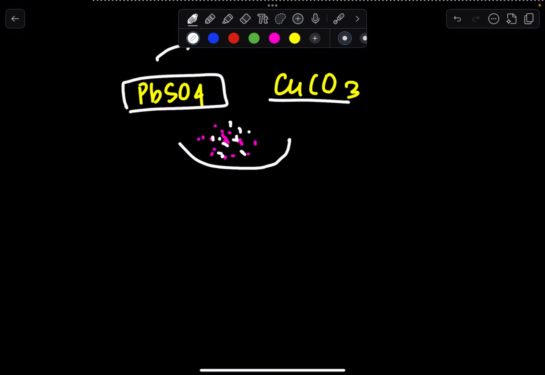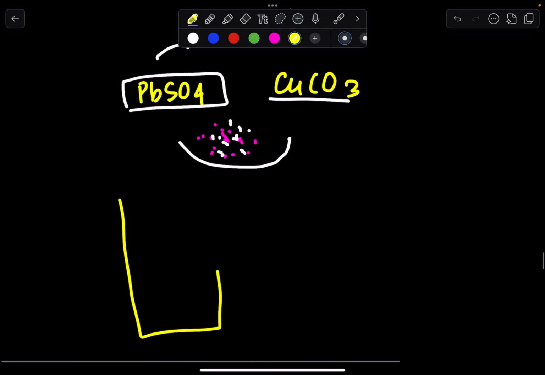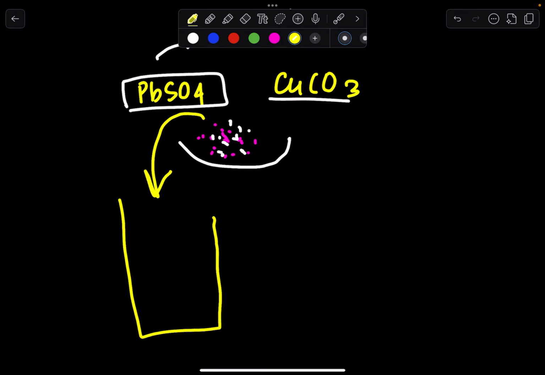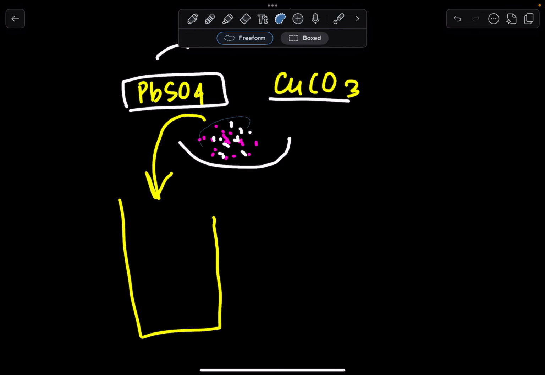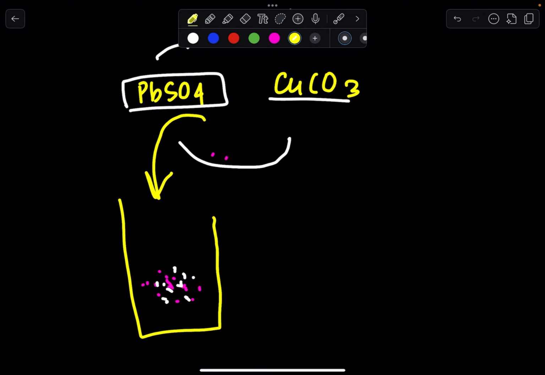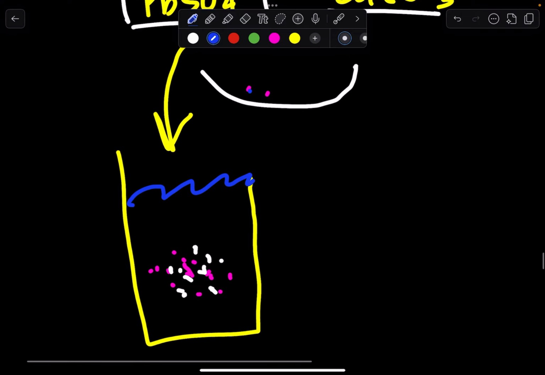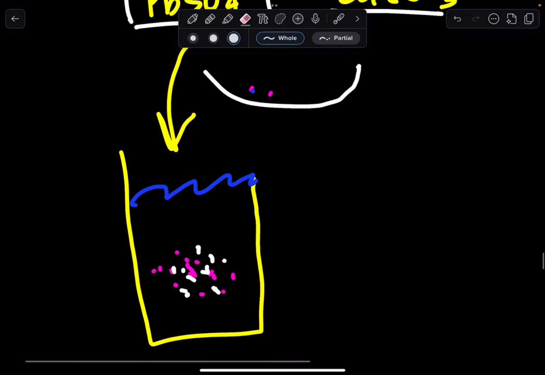We are simply going to take a container and add this mixture into the container, and then we're going to add water. What's going to happen? This pink lead sulfate is insoluble, so these white particles are going to dissolve.